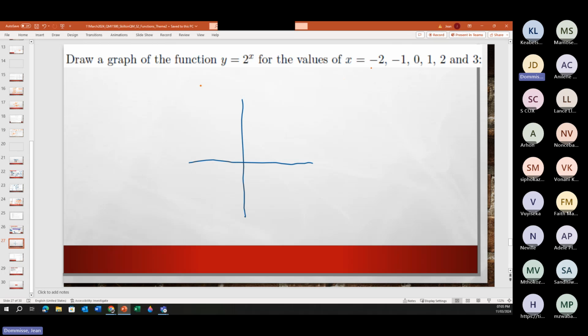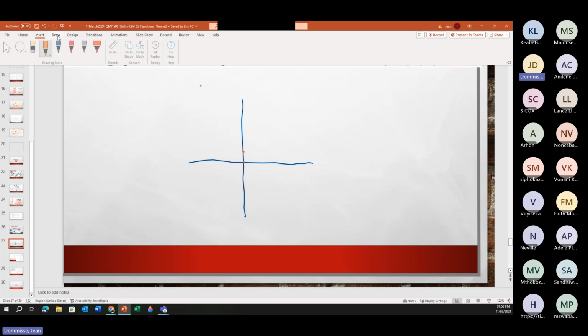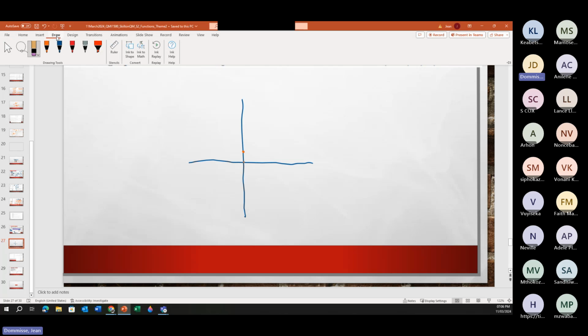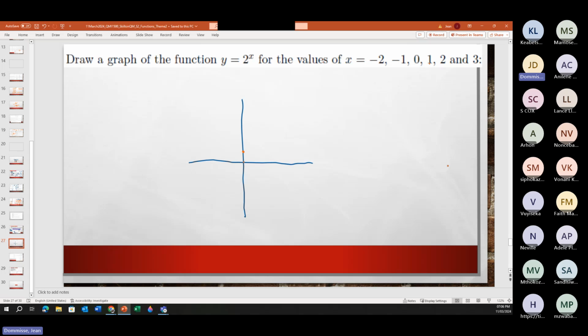So let's look at this. If I put x as 0, 2 to the power of 0 is always 1. Anything to the power of 0 is 1. I think we did it in the previous chapter. Let's look at the other ones. Plus 1, so 2 to the power of 1 is 2.